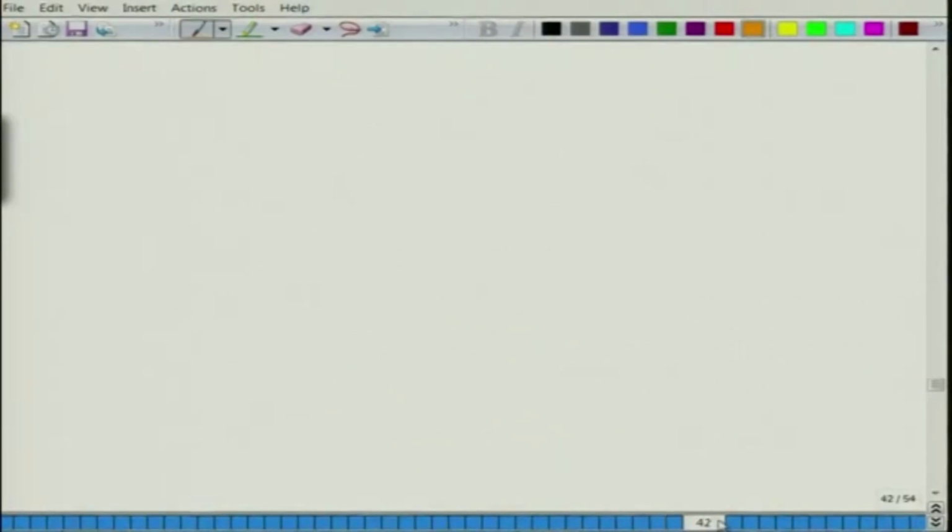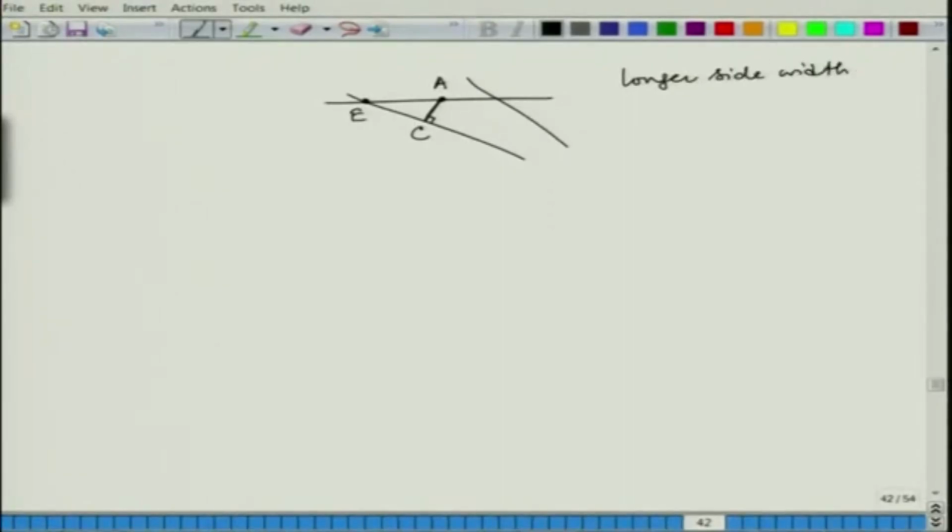So, let us go back to the geometry again. Earlier we have seen that, okay, this is the longer side and this point we said A, and we have dropped a perpendicular here at point C. Now, if we say the longer side width is EA, that is what we want to know.